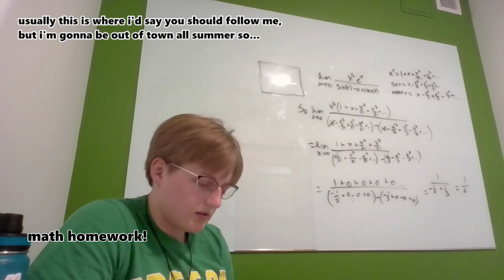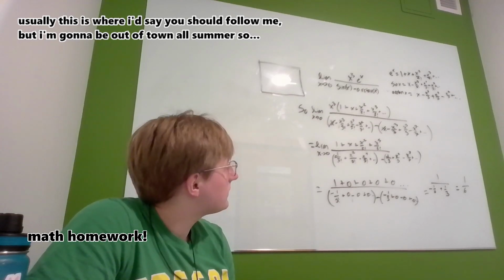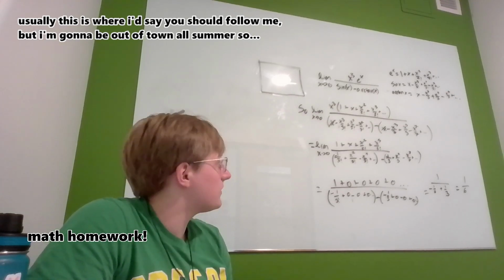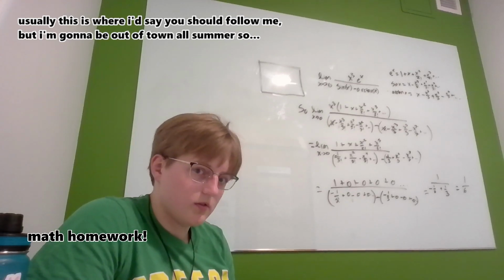That's minus x cubed over 3 plus x fifth over 5 minus x seventh over 7.